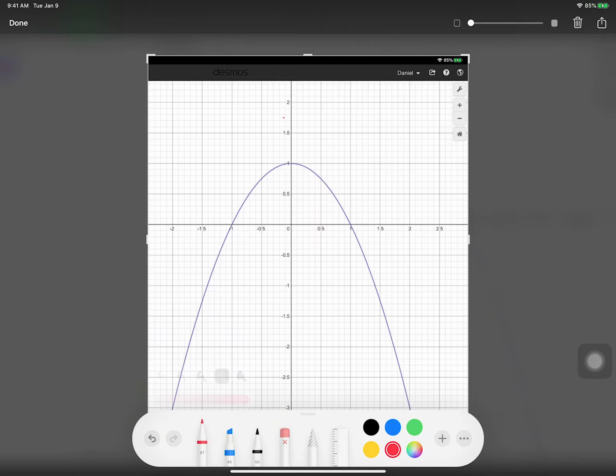Sorry, rotate about the y-axis. Now x here goes from 0 to 1. So they're going to take this portion from x is 0 to 1.